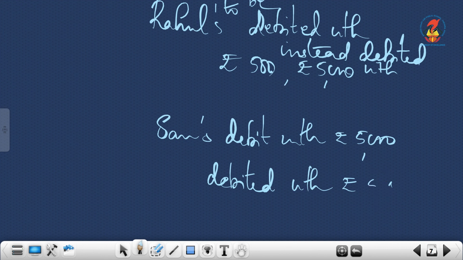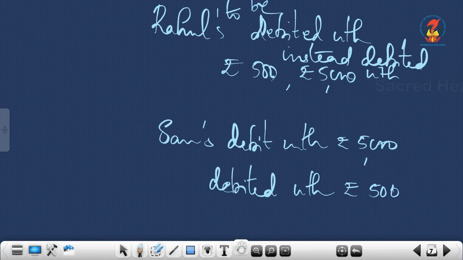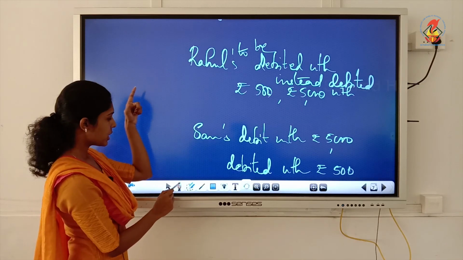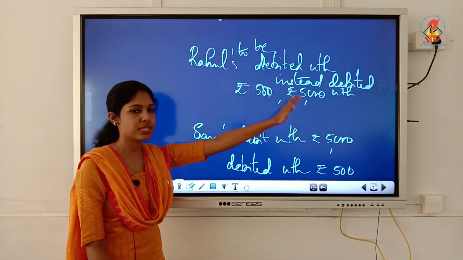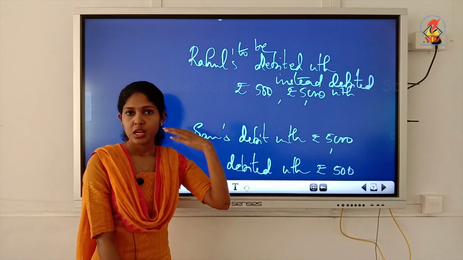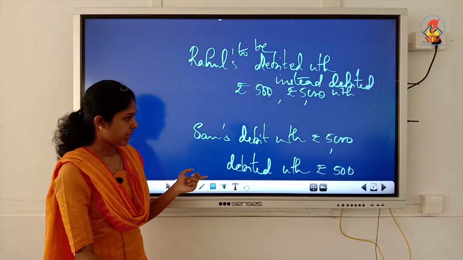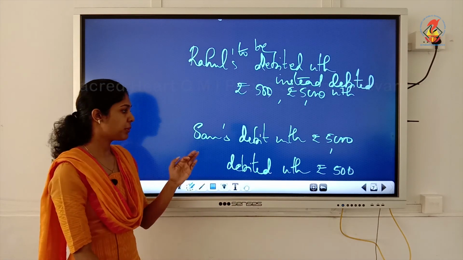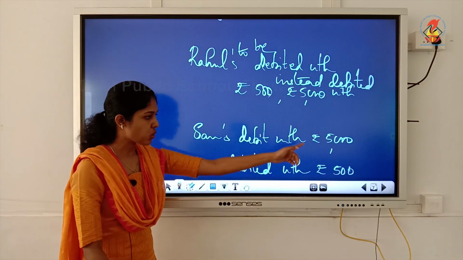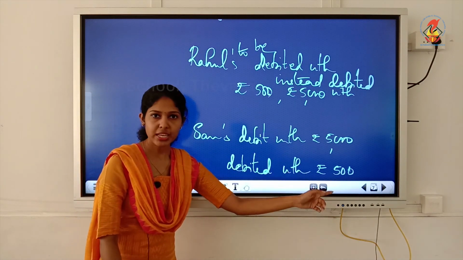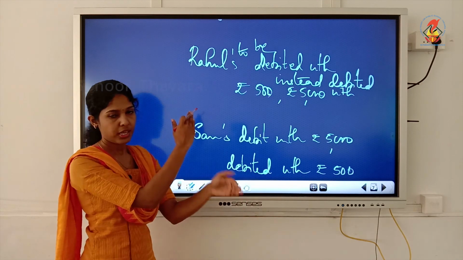If this is the situation, okay, this is the example. Here Rahul's account you had to debit only with 500, but you debited with 5,000. Again the figure is wrong. Then some other transaction happened in the firm and Sam's account you debited with 500 but actually you had to debit with 5,000. It is actually the reverse of the amounts.